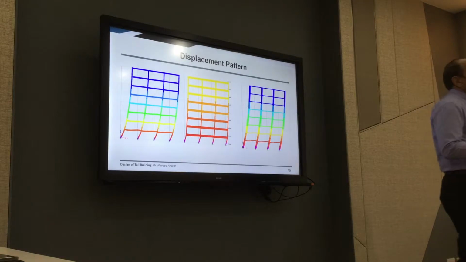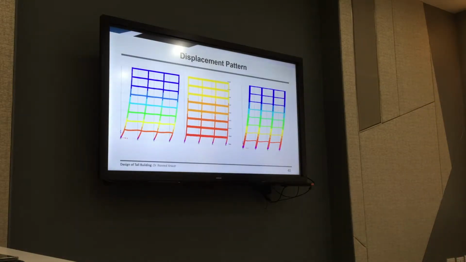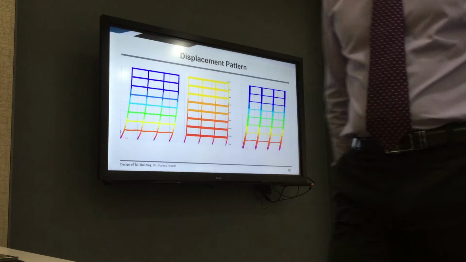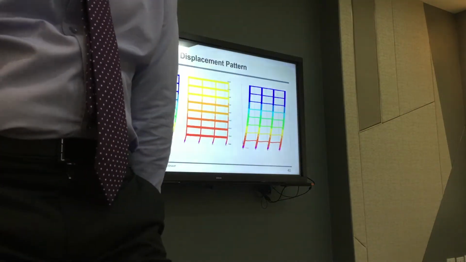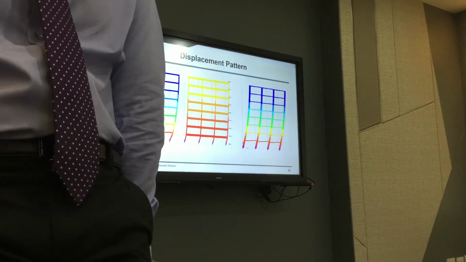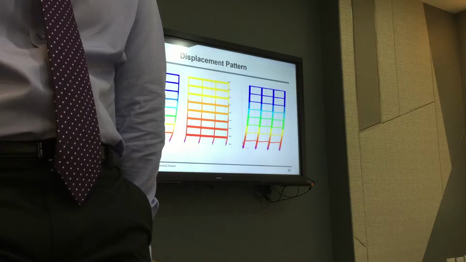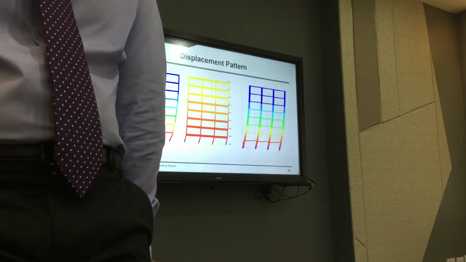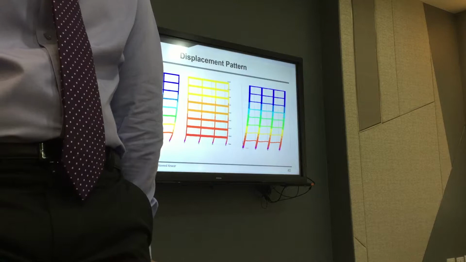So it can be concluded. What can we conclude from here? Come on, I have been talking about it since morning. What can we conclude from this diagram, this behavior? What is the key difference between the three models? No, model, not displacement, the original model. Why is this behavior different? Lateral stiffness? No, not lateral stiffness. Relative stiffness of column?